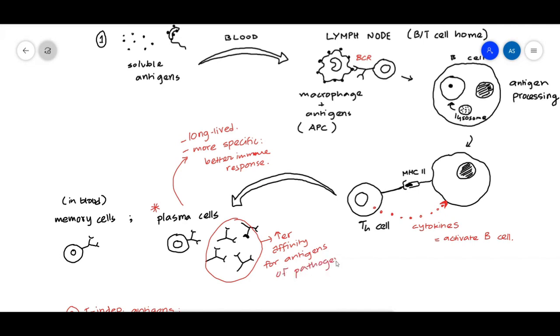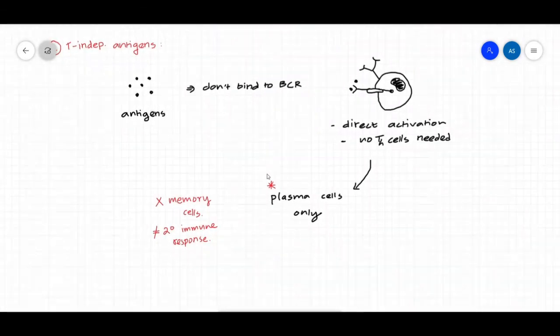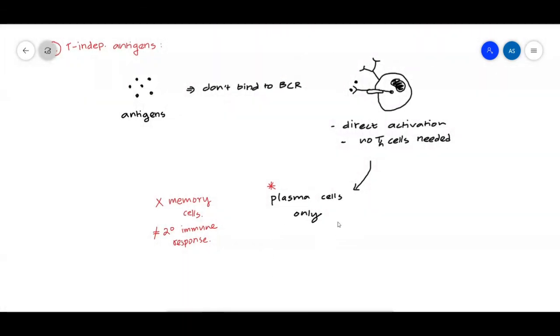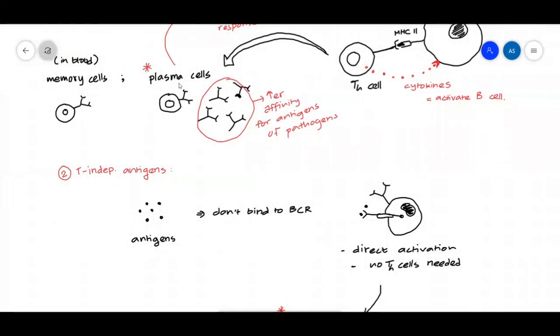If they have a higher affinity for the antigens of the pathogen, then that would mean that they will be able to bind to the pathogen antigens better, so they can perform the antibody functions better than these plasma cells, which are only going to produce low affinity antibodies. And they're also going to be producing this for a shorter time because they have a shorter lifespan. So they die quicker than these plasma cells.